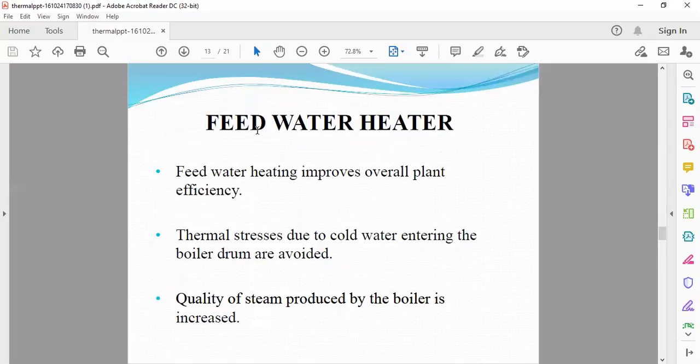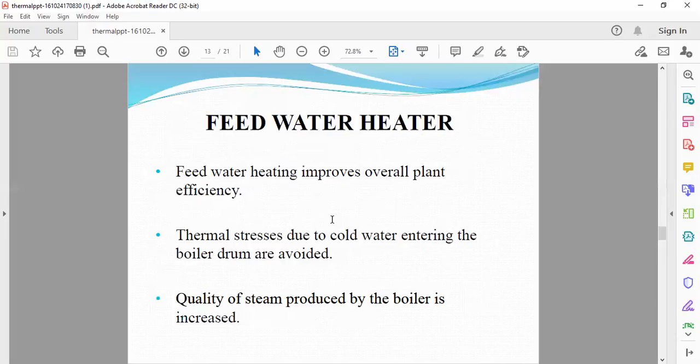So what is the feed water heater? After the condenser and cooling towers, the water is sent to the feed water heater. In feed water heating, what happens? It improves the overall plant efficiency.